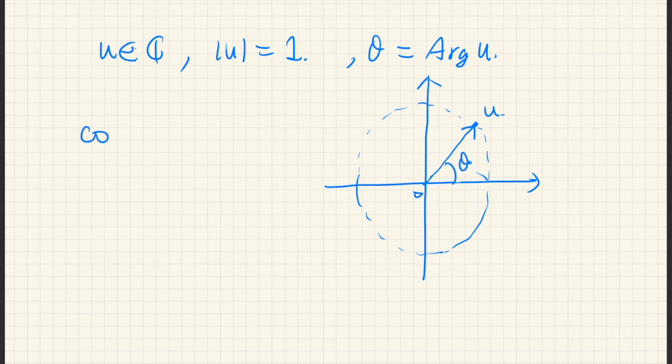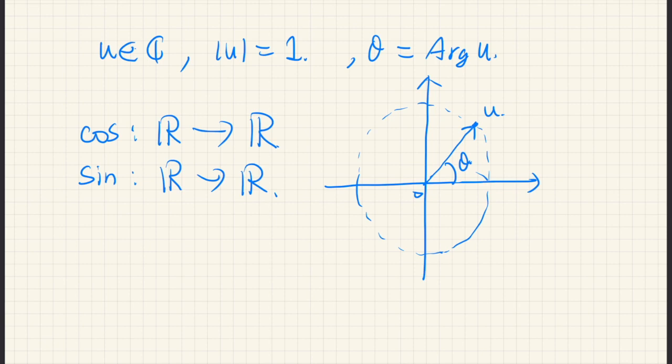Now, cosine function from real numbers to real numbers and sine function from real numbers to real numbers are defined as follows. So cosine theta, this theta is the argument, is defined to be the real part of u. Okay, real part.